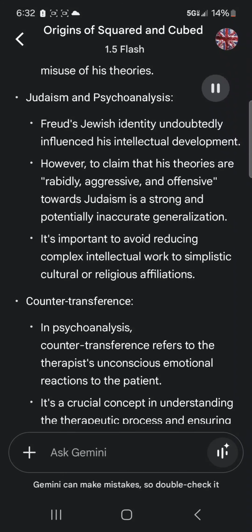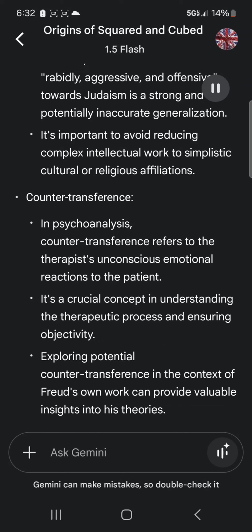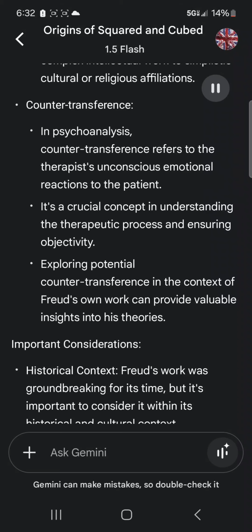Judaism and psychoanalysis. Freud's Jewish identity undoubtedly influenced his intellectual development. However, to claim that his theories are rabidly aggressive and offensive towards Judaism is a strong and potentially inaccurate generalization. It's important to avoid reducing complex intellectual work to simplistic cultural or religious affiliations. Countertransference. In psychoanalysis, countertransference refers to the therapist's unconscious emotional reactions to the patient.